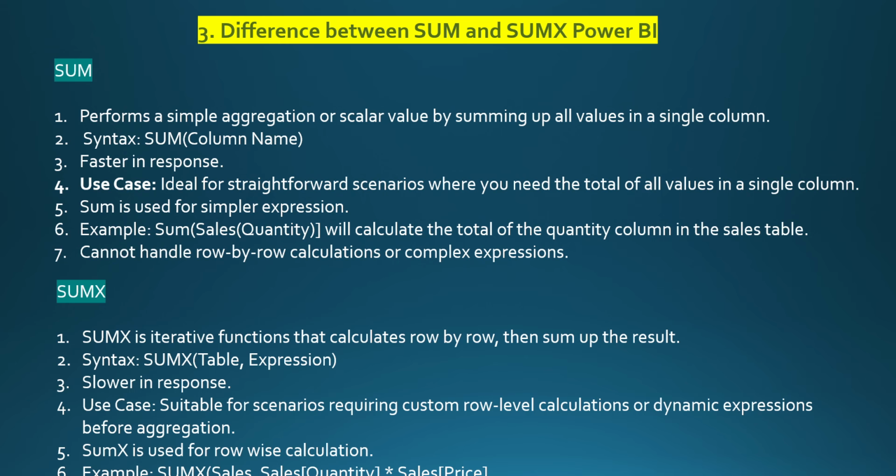Suppose I want to find quantity into price. Two arguments are mandatory: first the table, and then the expression. SUMX is used for avoiding a calculated column, and it is flexible and powerful for advanced calculations.